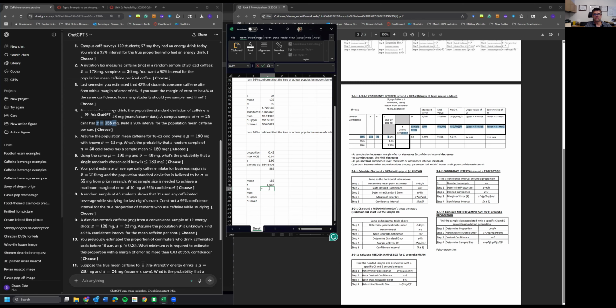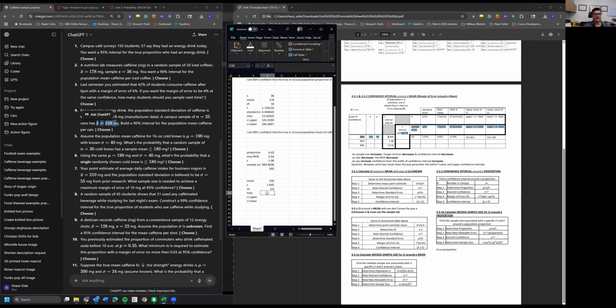So let's see here. The standard deviation divided by the square root of n. So the standard deviation is going to be 18 milligrams divided by the square root of the sample size. The sample size is 25. Okay, so it's going to be 3.6 is going to be the standard error.